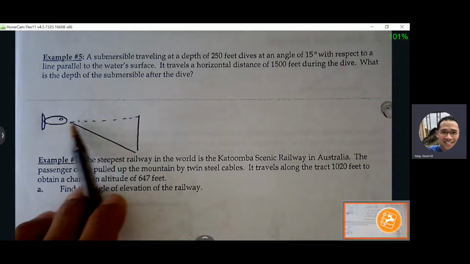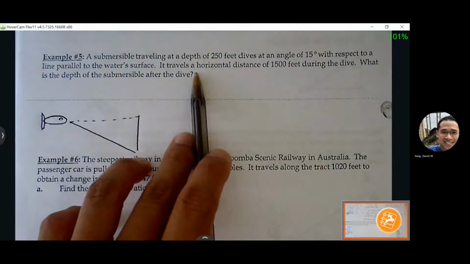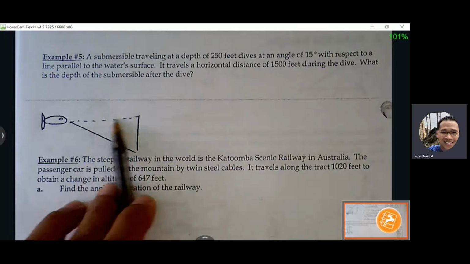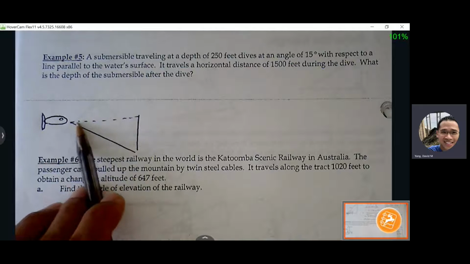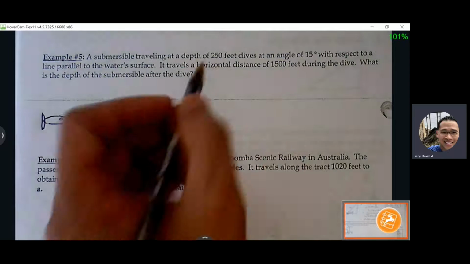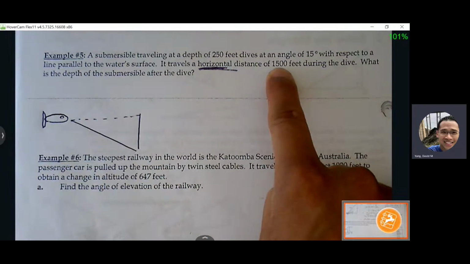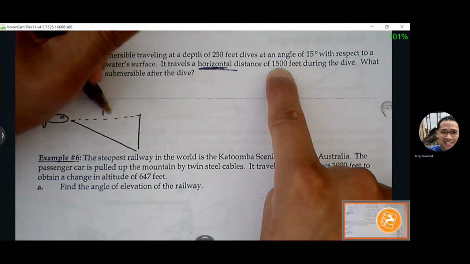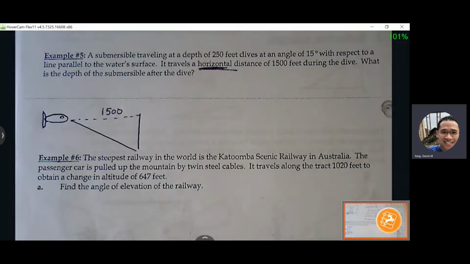We have this line that is parallel to the surface of the water. It travels a horizontal distance of 1,500 feet during the dive. So even though it's going this way, this word horizontal is giving us a clue that the 1,500 is going to be dealing with this horizontal line.